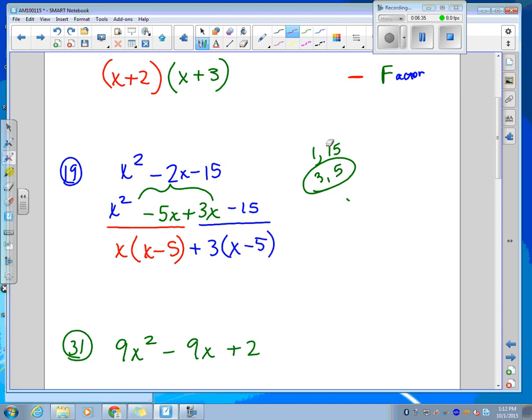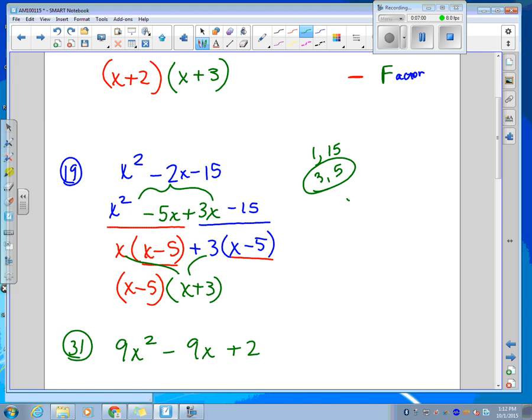So now you can see that this term and this term match. So I'm going to write that down one time. And then the x and the plus 3 make the other one. And so if you FOIL these back, you will get x squared minus 2x minus 15.